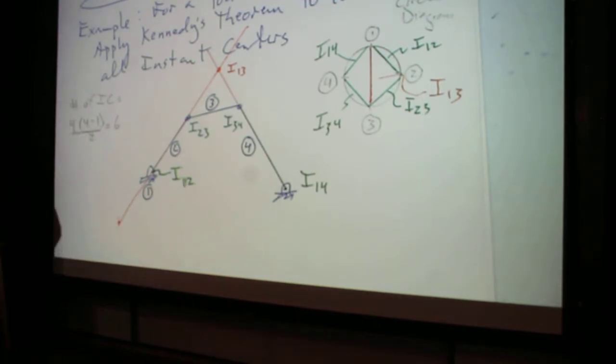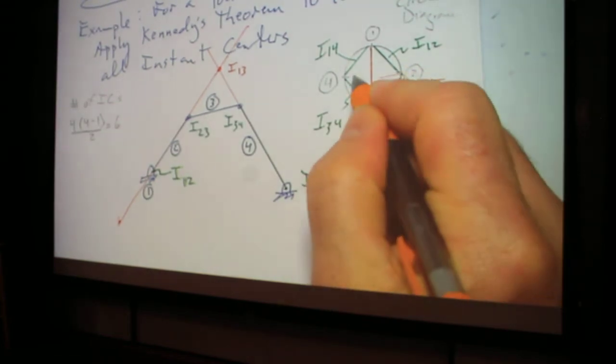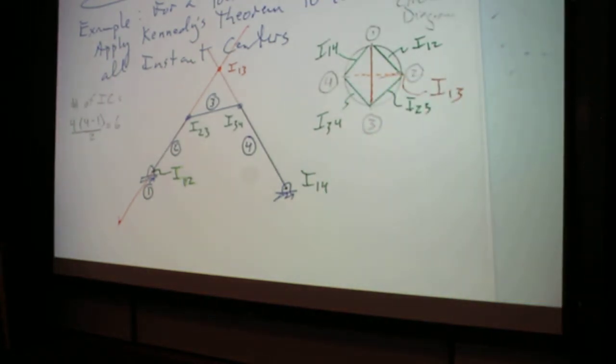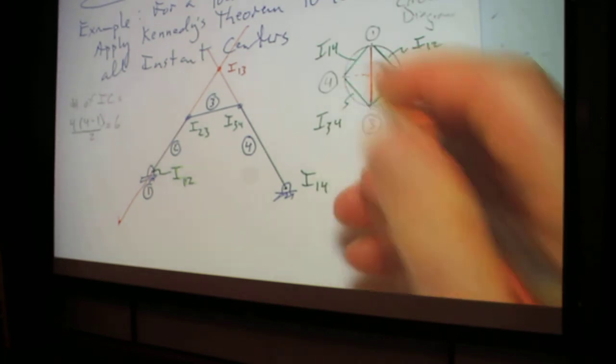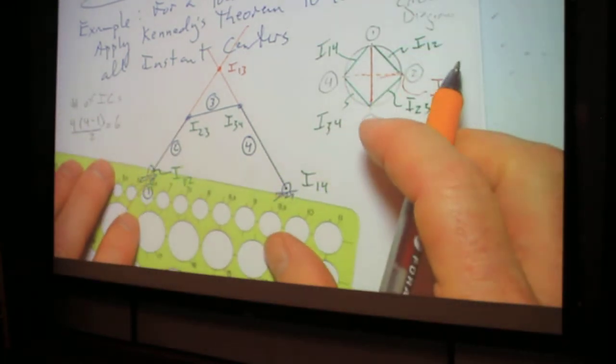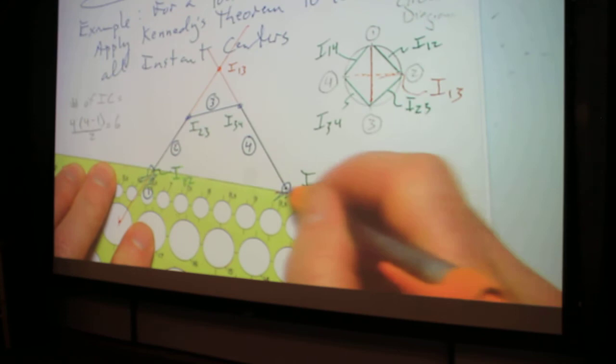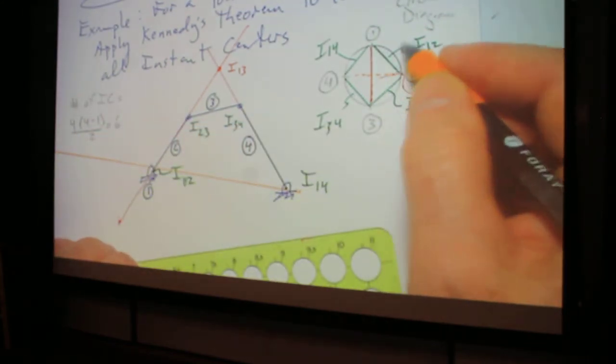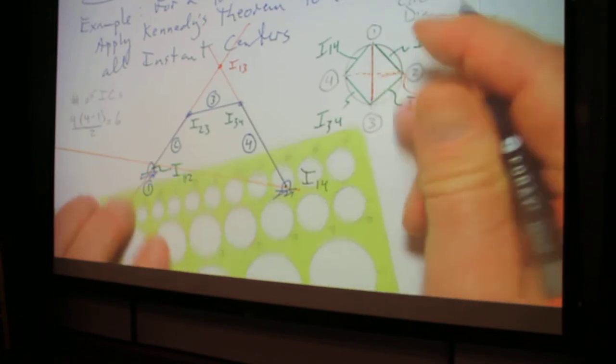Then for the next one, I see that I have a line missing between 2 and 4, so that means I go from 1, 2 to 1, 4. Okay, so I draw this line here. And then I draw a line from 2, 3 to 3, 4.